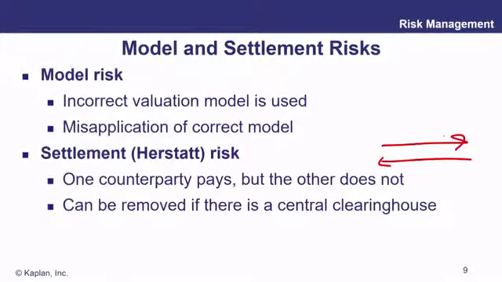So let's say you're a very responsible, credit-worthy individual or institution, and on your swaps, you're making your wires out of what you owe on the swap, and you're expecting to receive back. But it turns out your counterparty is getting ready to declare bankruptcy. They're in trouble. They're happily accepting the wires coming in, but they're not sending anything back out. They're just grabbing everything they can get and not wiring back. Well, that's clearly going to create problems. It can create a chain reaction of defaults within the industry.